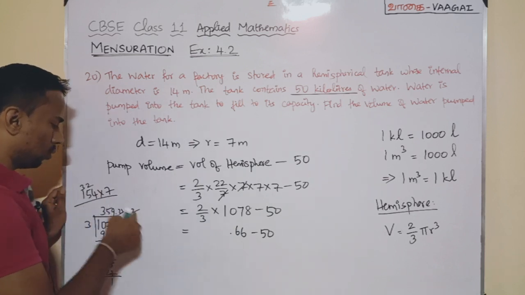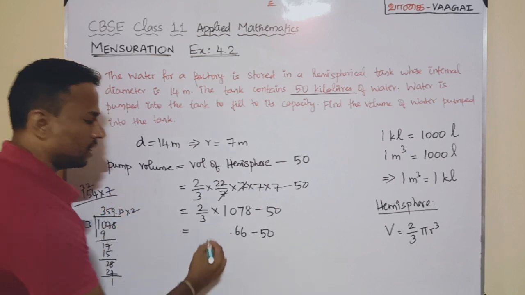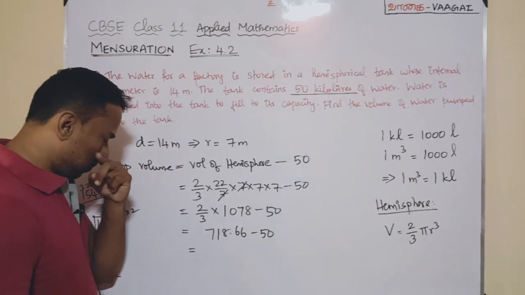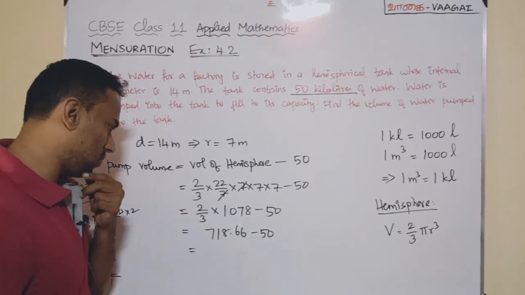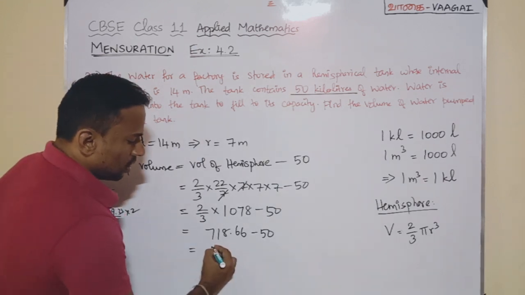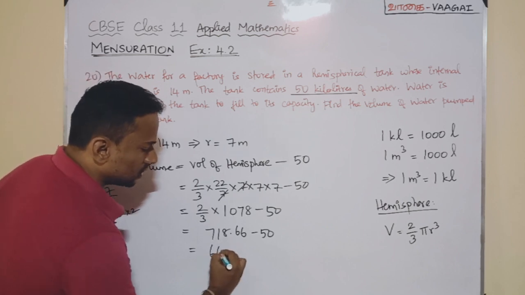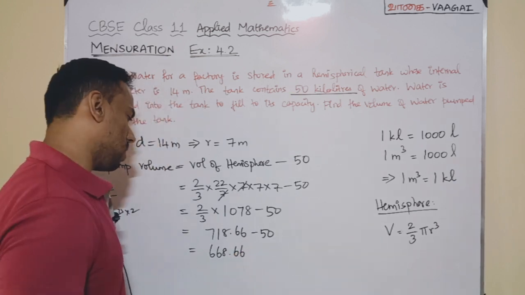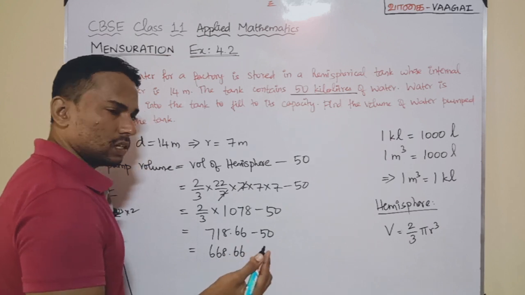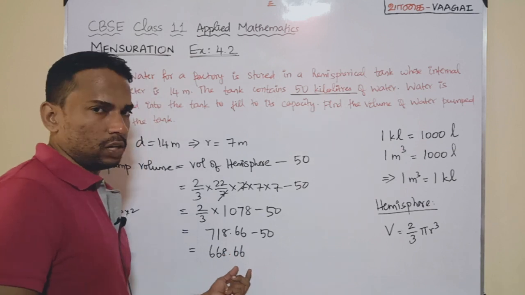So 359 into 2 will be 700 plus 18, which is 718.66. Now minus 50: 718.66 minus 50, 700 minus 50 means 650, and 650 plus 18 will be 668. Yes, it's perfectly right. 668.66 approximately. That's going to be the approximate answer.